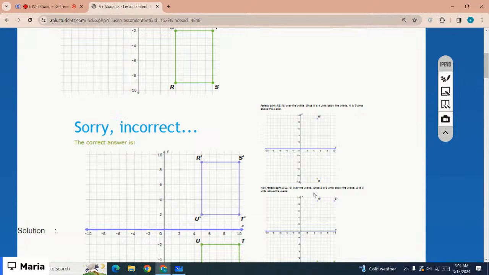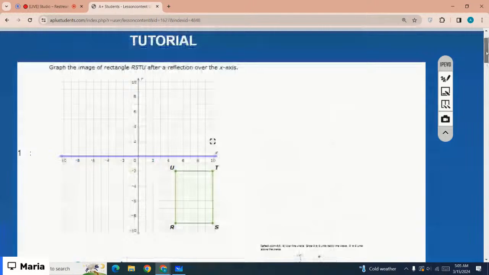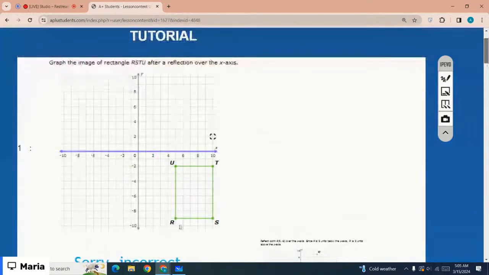Now reflect point S over the x-axis. Since S is 9 units below the x-axis, S is 9 units up the x-axis, right? So you have to see how many points, for example, start with the R, right?